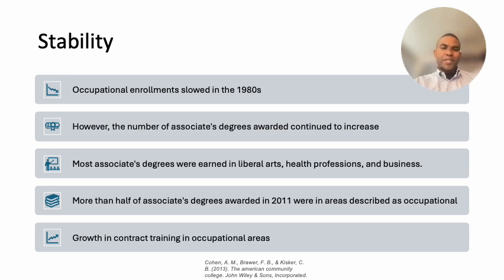As we'll see here, most of the associate's degrees were earned in things like health professions, business, liberal arts, but more than half of the associate's degrees awarded in 2011 were in areas that were described as occupational. So even if they weren't necessarily getting a certificate or going straight into the workforce, they had a credential that would allow them to do so, or was in an area that was considered occupational.